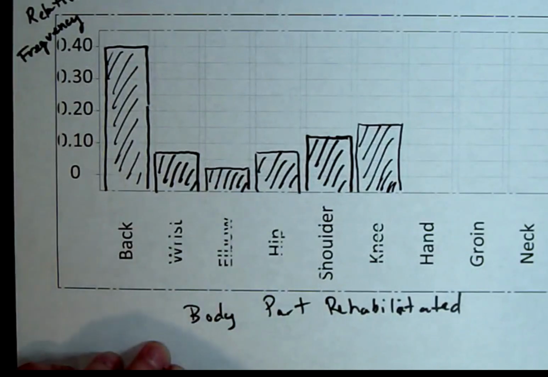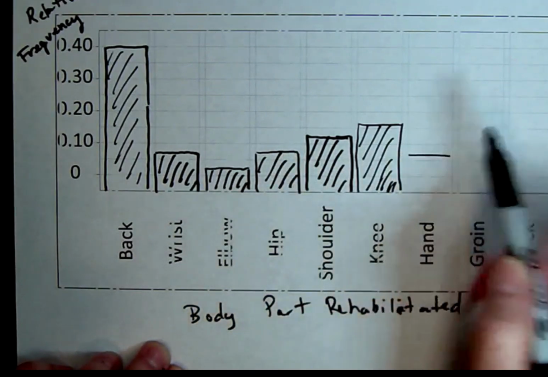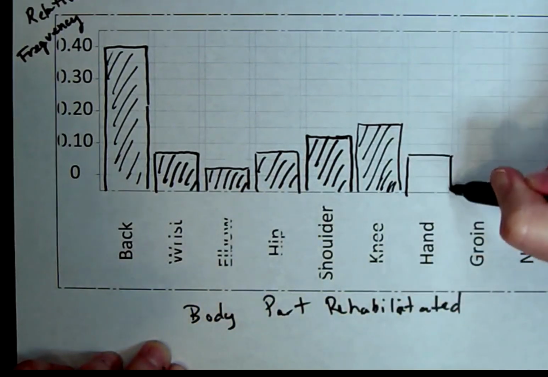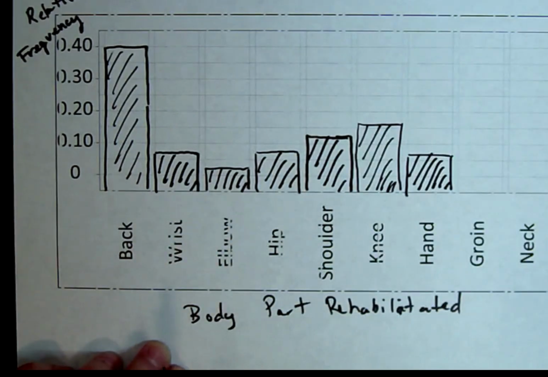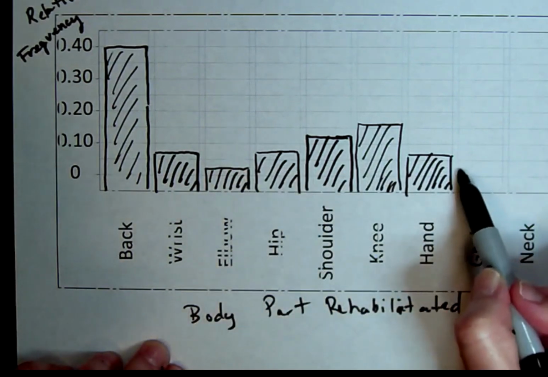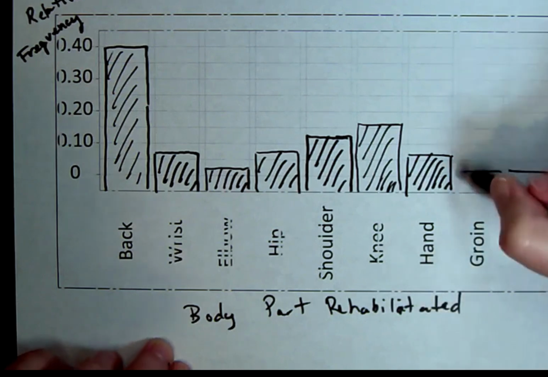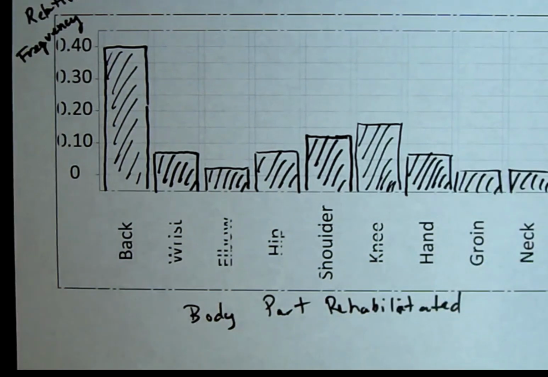Hand, for hand we got 0.0667, that's the same as hip, so I'm just going to go straight along from hip. And for groin and neck, we both got 0.0333, which is the same as elbow. So those should be at the same height as elbow. And again, with gaps between the rectangles or bars. Okay, so there is our relative frequency bar graph.